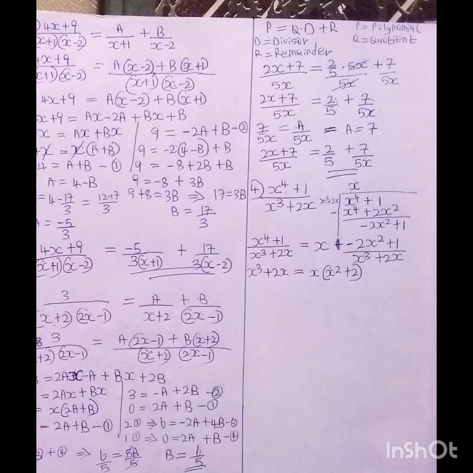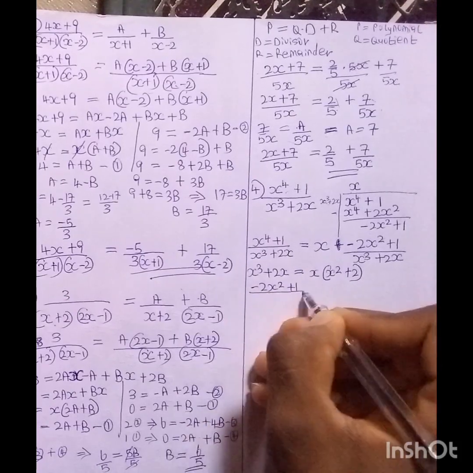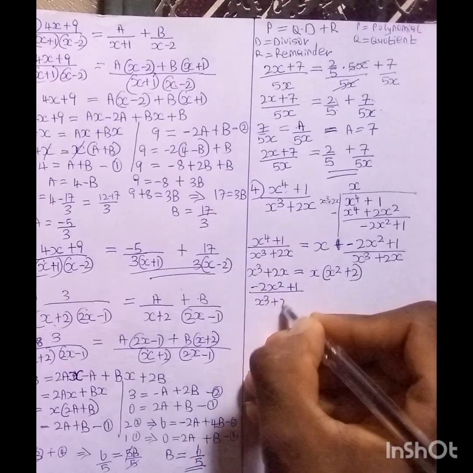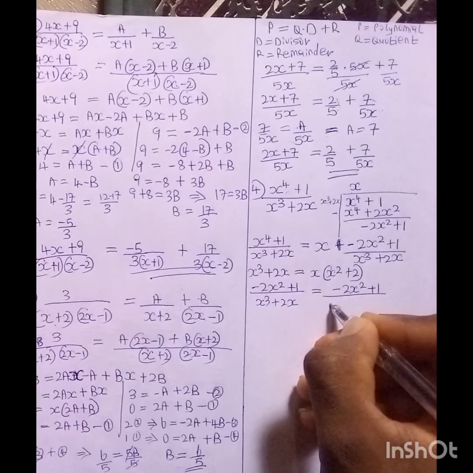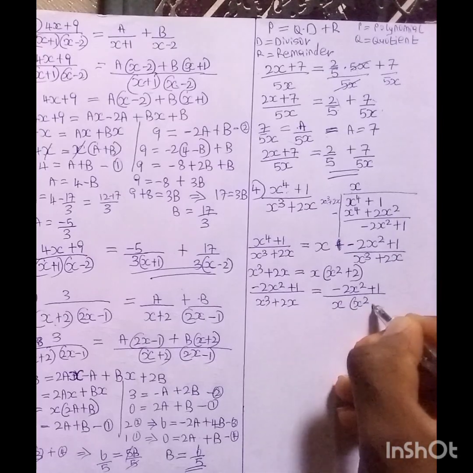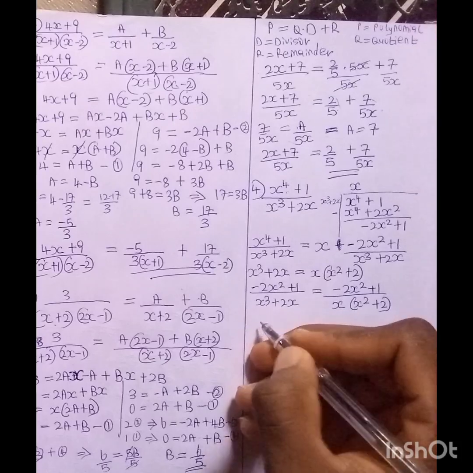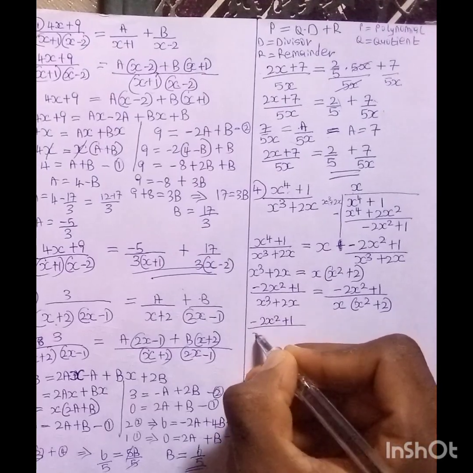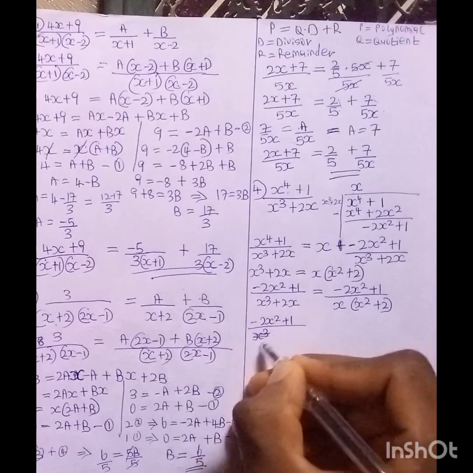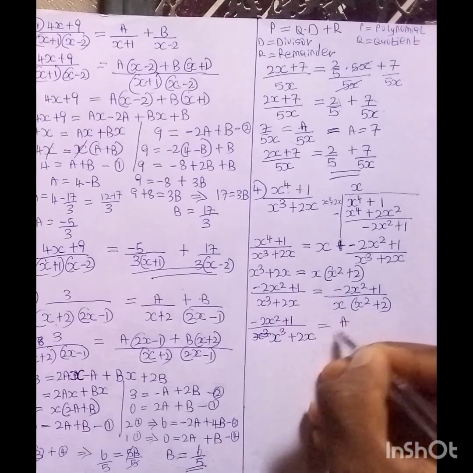So you can rewrite this minus 2x squared plus 1 over x cube plus 2x as minus 2x squared plus 1 over x times x squared plus 2.